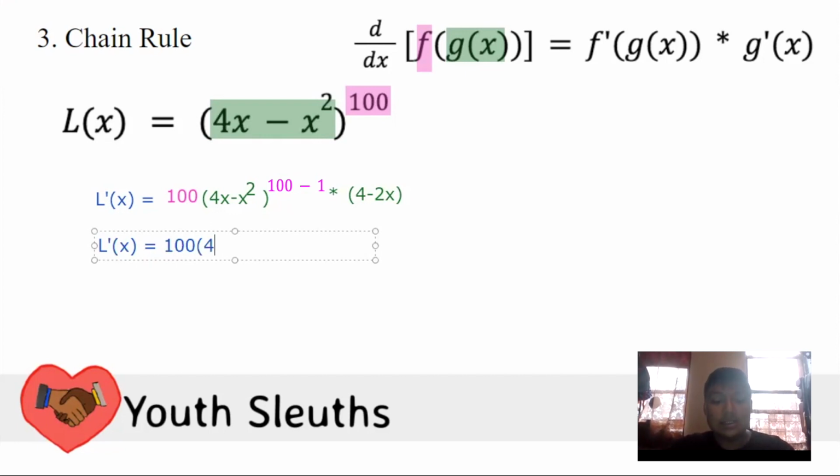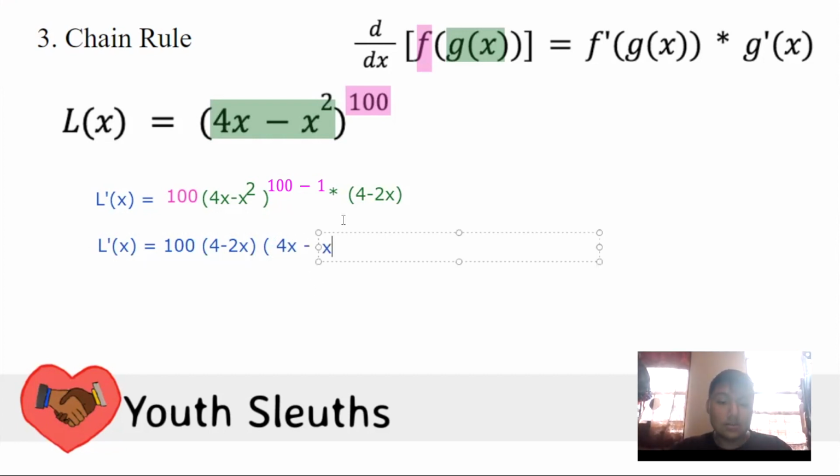Now, as a matter of preference, we put 4 minus 2x, and then we multiply 4x minus x squared to the power of 99. So there we have it. We found the derivative of L of x using the chain rule. Now, the next slide will be a little bit more challenging since we'd have to use both the chain rule and the product rule.